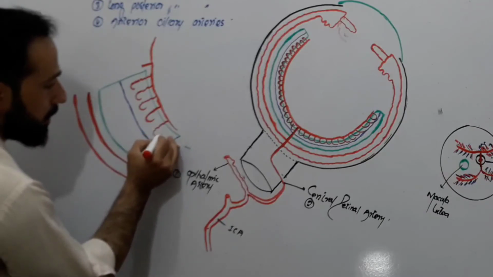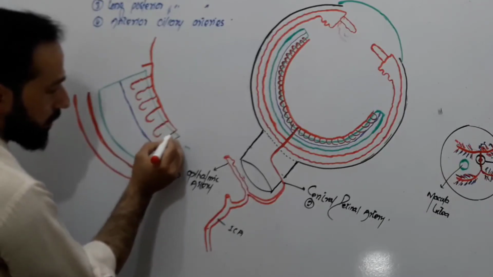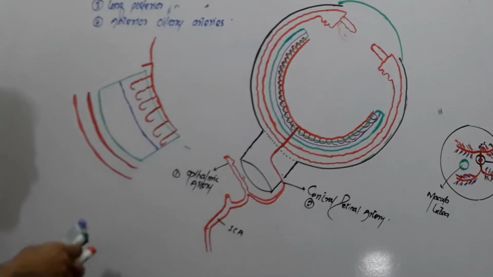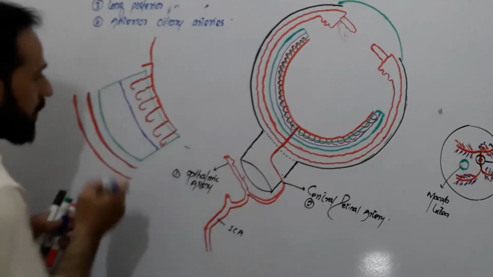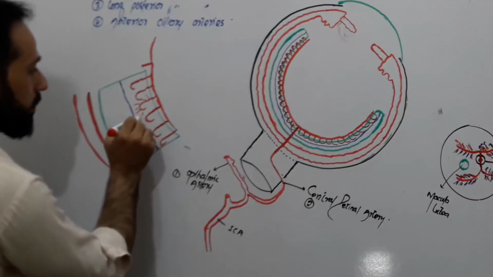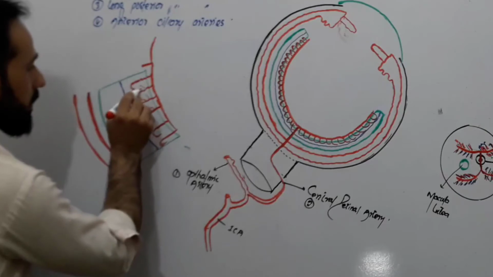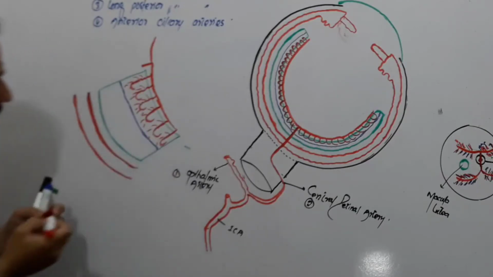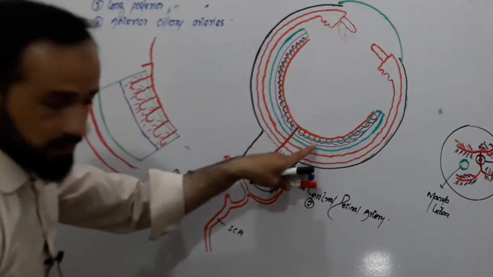These are the capillaries, or the arterioles, of that central retinal artery. They are all there to supply blood to the inner parts of your retina, the inner retina. So these are the capillaries of this central retinal artery. They are like this.